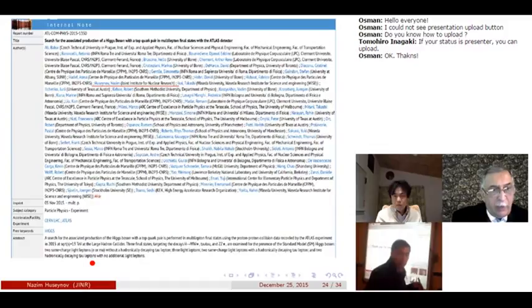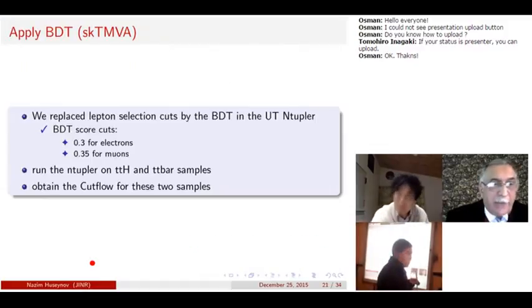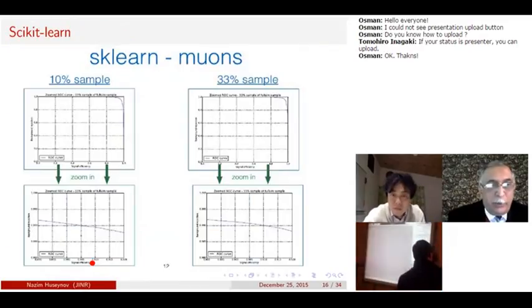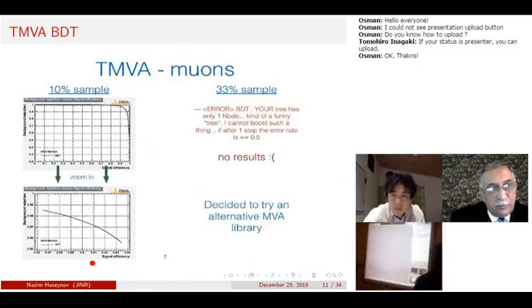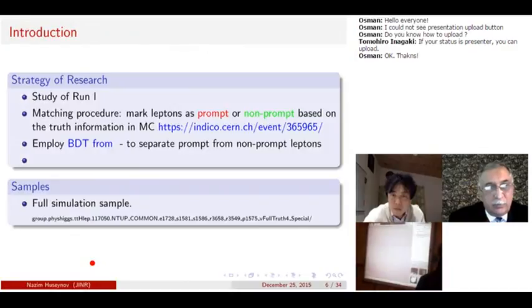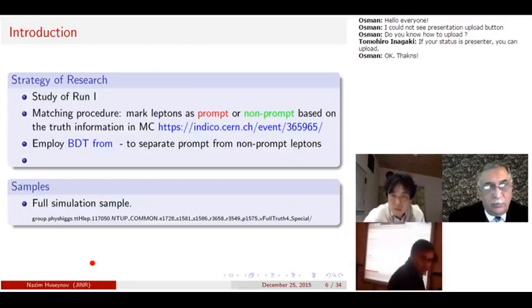We have a sample after reconstruction. Next slide. On slide 6, you can see a full simulation sample. This sample has data after reconstruction and information about full truth. That means we know which lepton is prompt and which is not prompt.